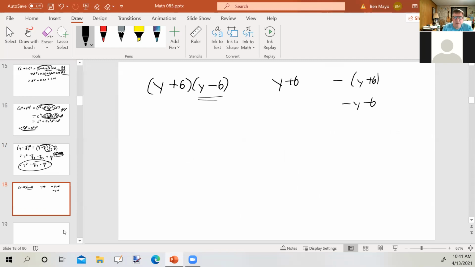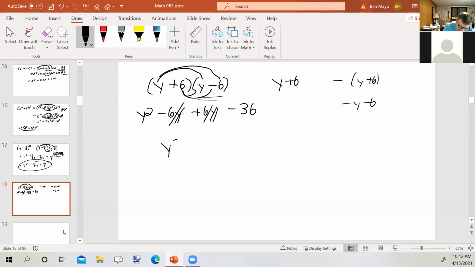We have the sum of two numbers times the difference of the same two numbers in the same order. Let's see what happens when we FOIL these together. We get y squared minus 6y plus 6y minus 36. The two middle terms cancel each other out, and we're left with y squared minus 36.